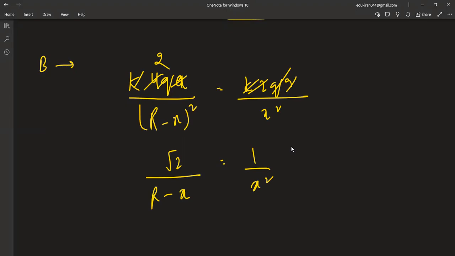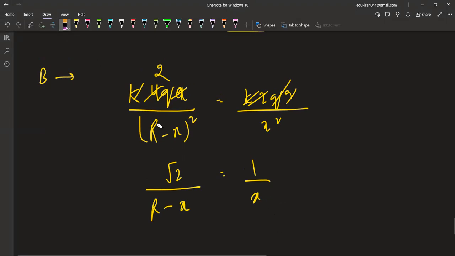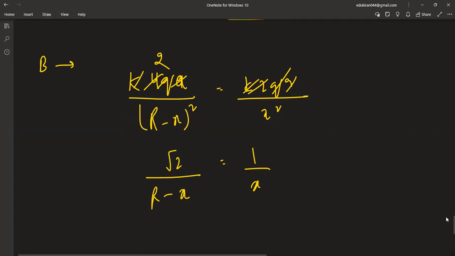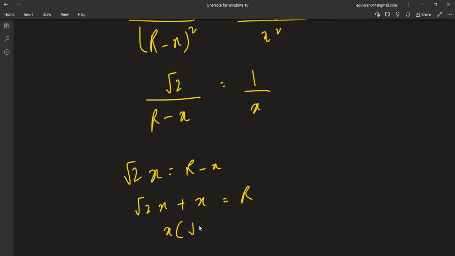Till here you have done this? 1 by X. Yes, 1 by X. So this becomes root 2x is equal to R minus X. So root 2x plus X will be R. X root 2 plus 1. Yes, right answer. X will be R by root 2 plus 1.